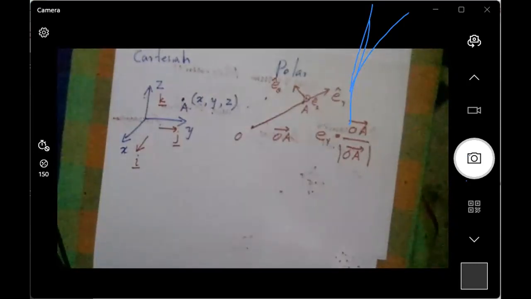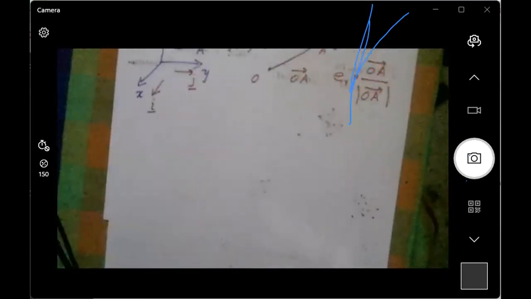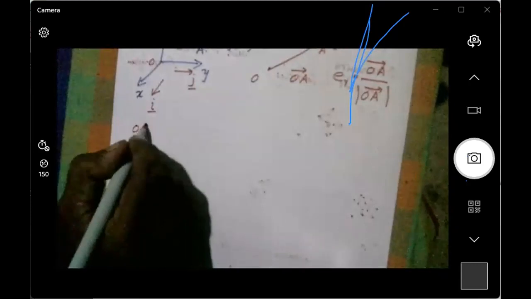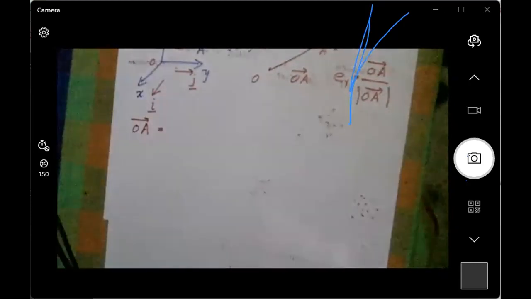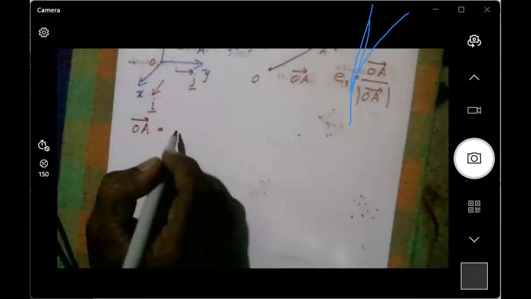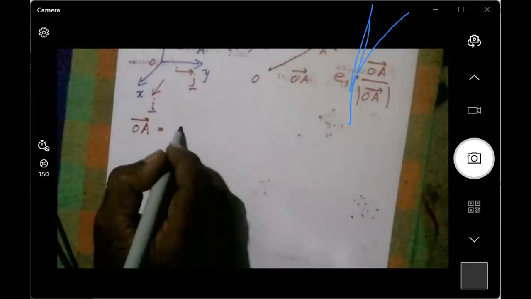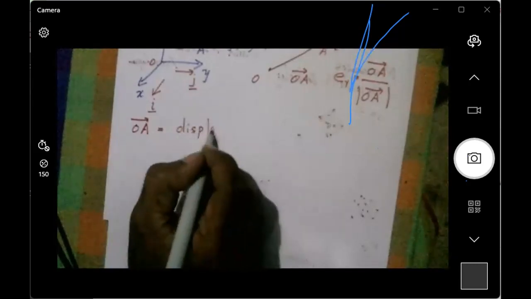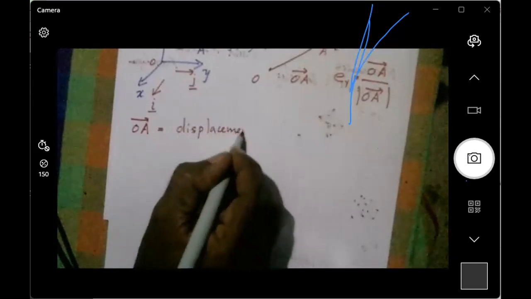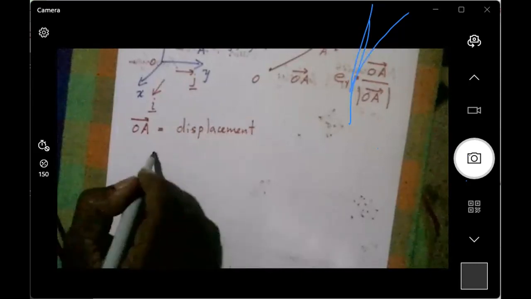If the position is given as X, Y, Z, what is the position vector OA? And what this OA represents is the displacement of the point. So how are we going to write it?